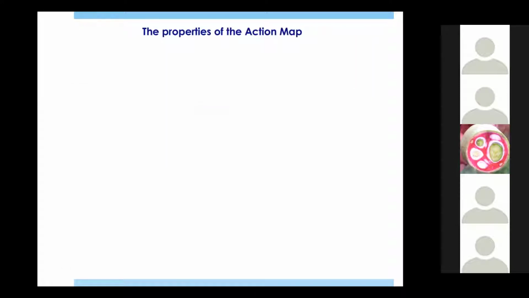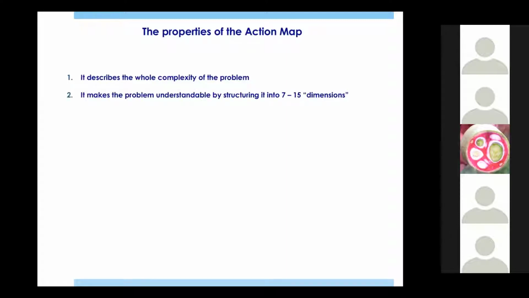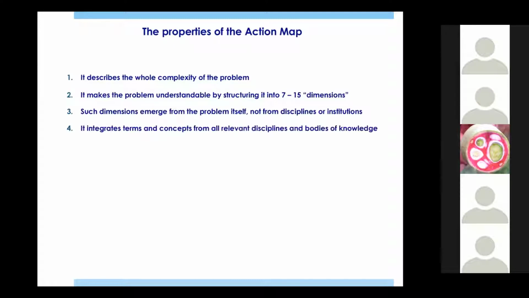What are the properties of the action map? It describes the whole complexity of the problem, and makes the problem understandable by structuring it into its dimensions. Dimensions emerge from the problem itself, not from disciplines or institutions. It uses terms and concepts of all relevant disciplines and bodies of knowledge.